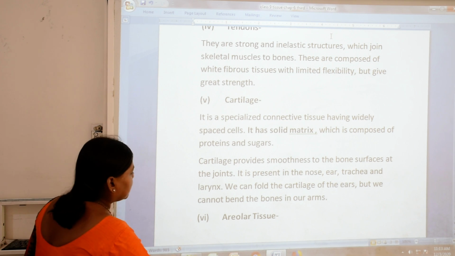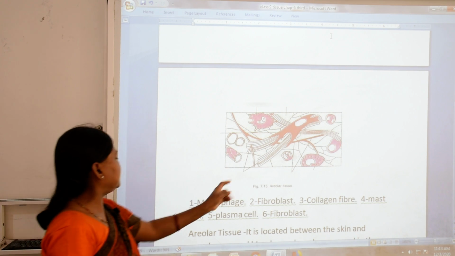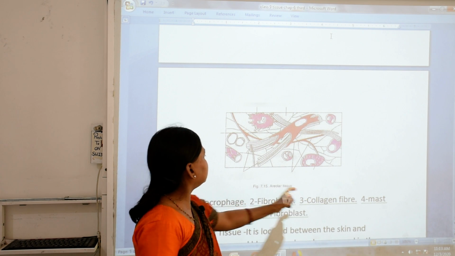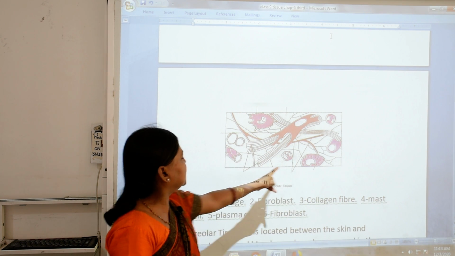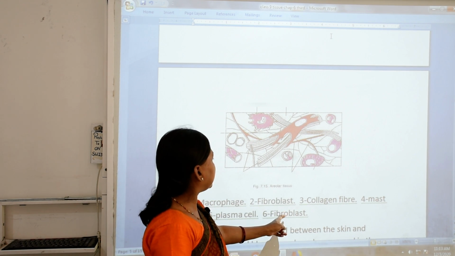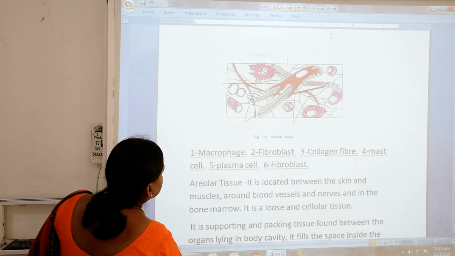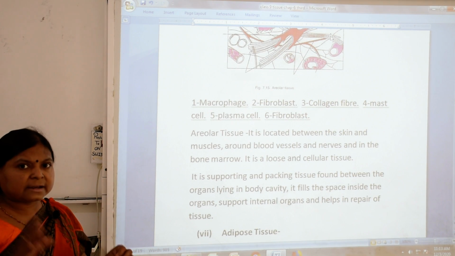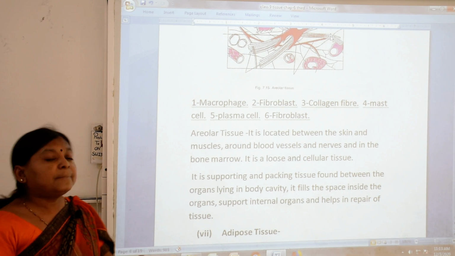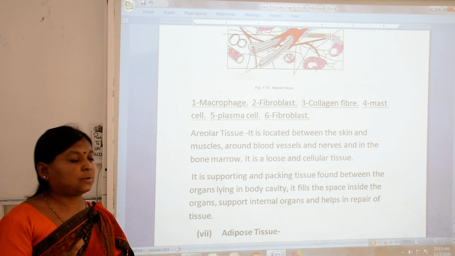Next one is areolar tissue. See the structure of areolar tissue. These are called the macrophages, these are fibroblasts, these are the collagen fibers, these are the mast cells, and these are the plasma cells. Do you know where this is located? Areolar tissue is located between skin and the muscles, around blood vessels and the nerves, and in the bone marrow.